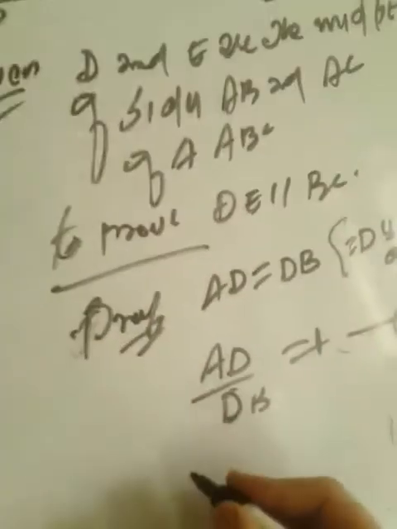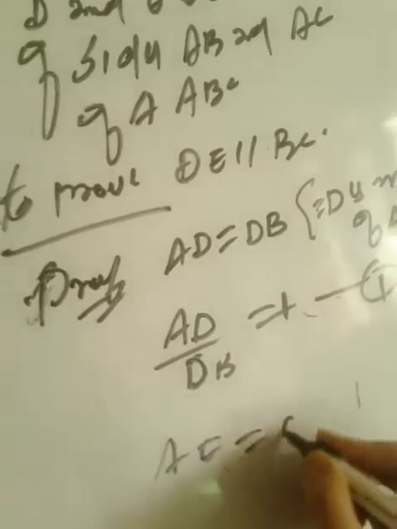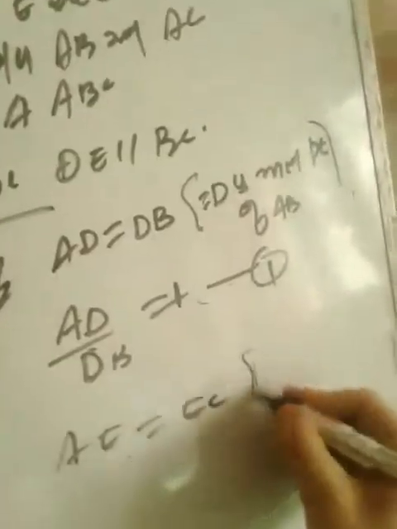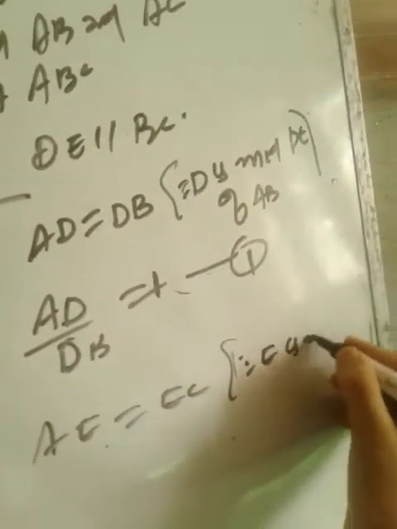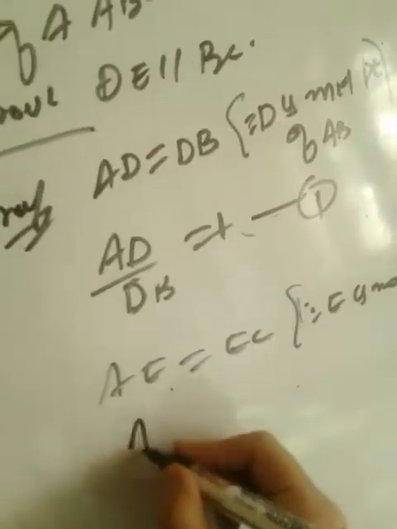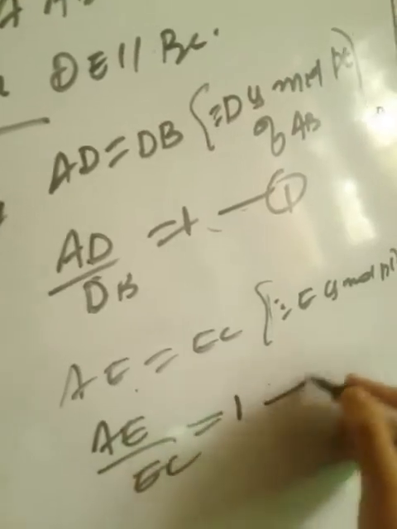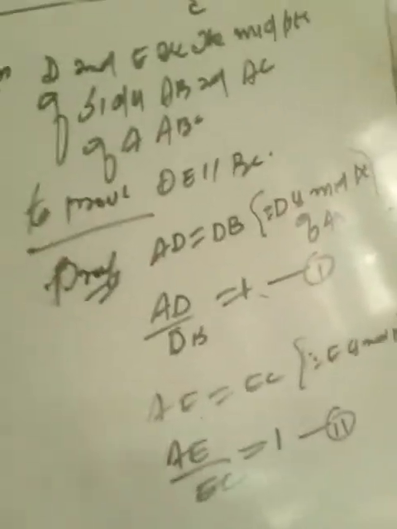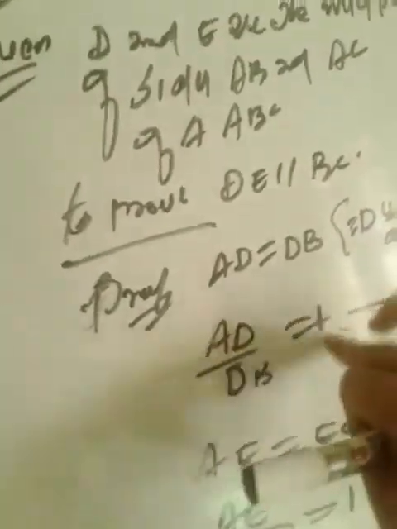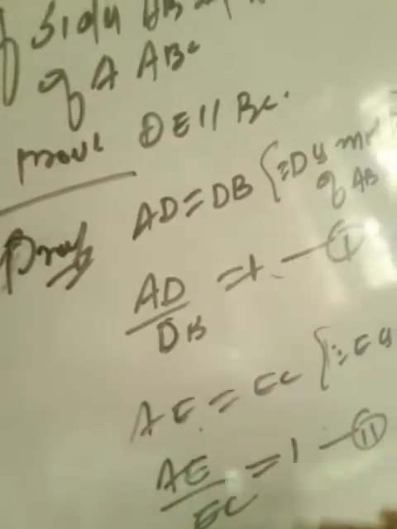Similarly here, AE equals EC. Why? Because E is the midpoint. So AE by EC equals 1. Name this second. So from first and second, AD by DB equals 1 and AE by EC is also equal to 1.